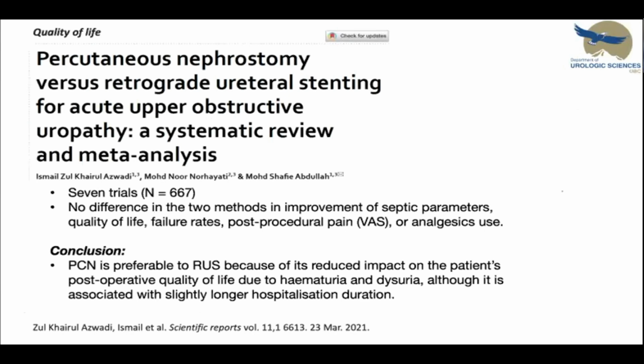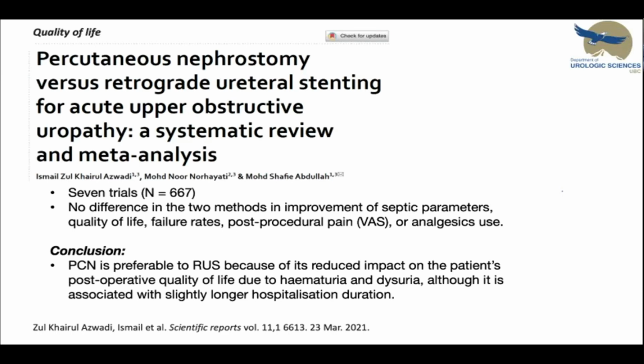This is a systematic review and meta-analysis conducted by Azoulay and colleagues, which included 7 trials, a total of 667 patients. All trials compared percutaneous nephrostomy and retrograde ureteral stent as the intervention and control groups, respectively. Their initial conclusion, they found no difference in the two methods in improvement of septic parameters, quality of life, failure rate, post-procedural pain, or analgesic use.